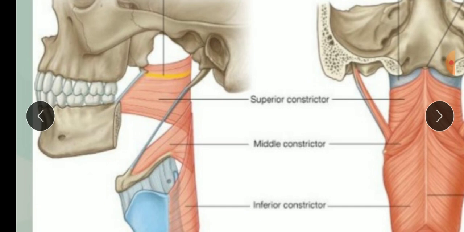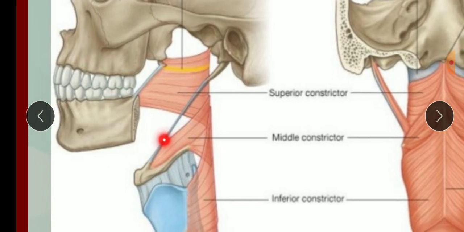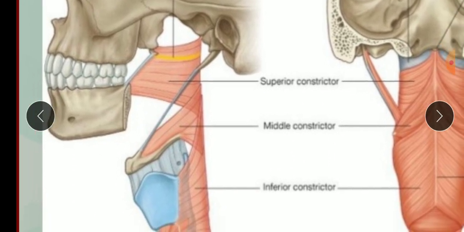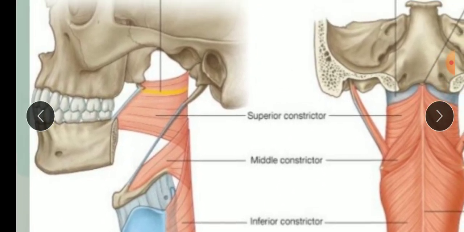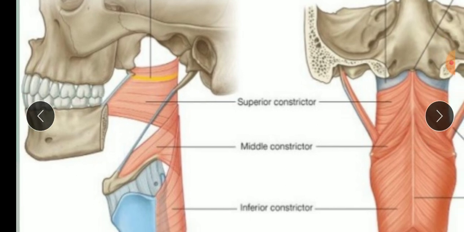So where is the origin of the middle constrictor? It takes origin from the lower part of the stylohyoid ligament. This is the stylohyoid ligament, and there you find the lesser cornu of the hyoid bone, and the upper part of the greater cornu of the hyoid bone. From these three regions, the middle constrictor takes origin, then passes laterally, and is then inserted into the median fibrous raphe.